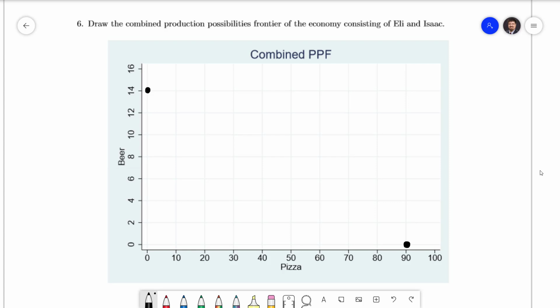We know that Eli can produce 10 beer. We know that Isaac can produce 40 pizza, so our kink point is going to be right here at 10 and 40. We can see that the PPF bends at that point, and so we get that bowed out shape for the PPF.